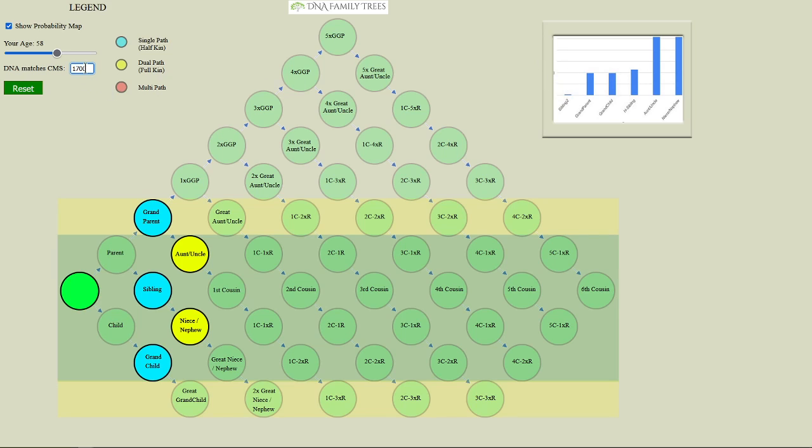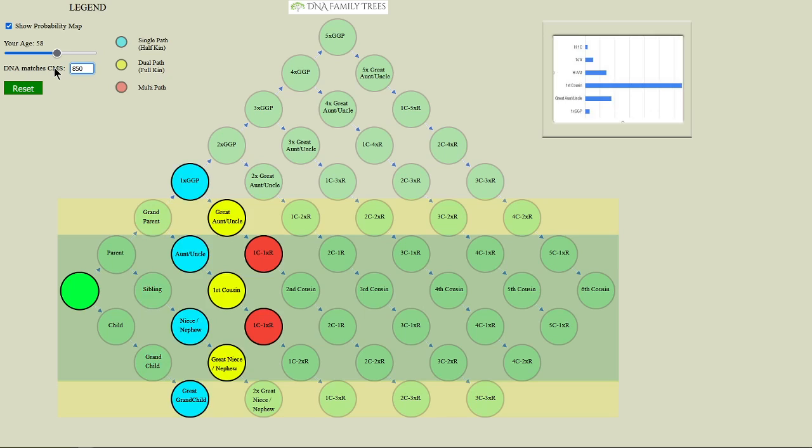All right. So if we go on to an 850 centimorgan, you can see right here it says number one most likely is first cousin right here. And then you see this one, the great aunt or uncle, is number two, slightly larger than the half aunt or uncle. So it says great aunt or uncle here. But look, this is in yellow. Okay? I'm not going to look there. Even though this is the second most likely, you have to remember that you can't go by the purity of numbers on things.